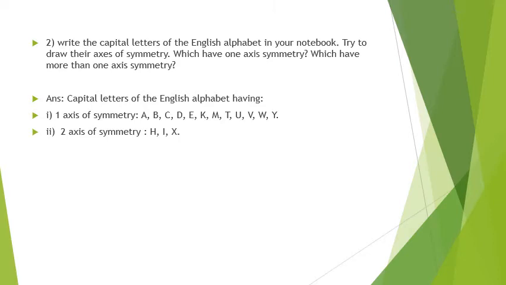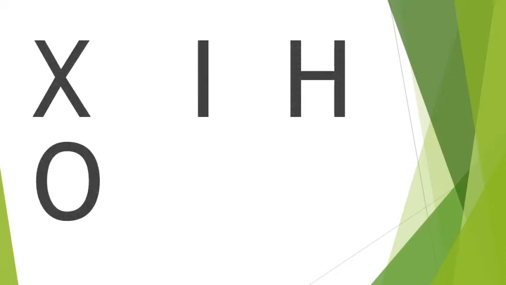Second is two axes of symmetry. Which are they? X, I, H. And infinite axes of symmetry is O. You can see the figures which are having two axes of symmetry. Here are the English alphabets X, I, H and O. X has 1, 2.